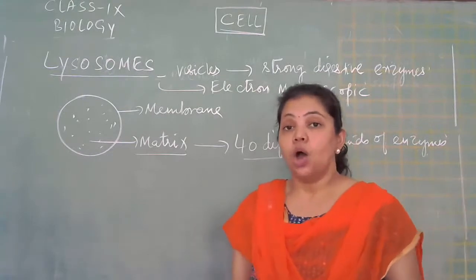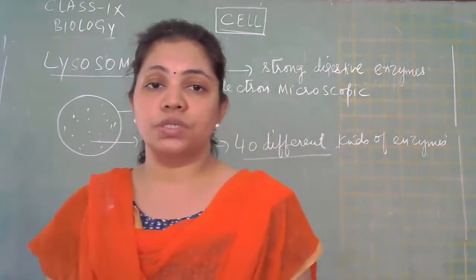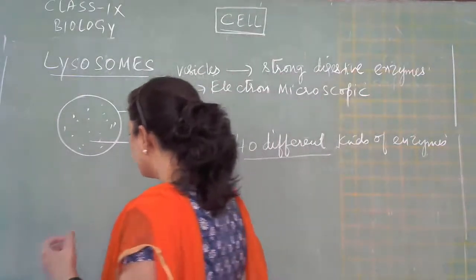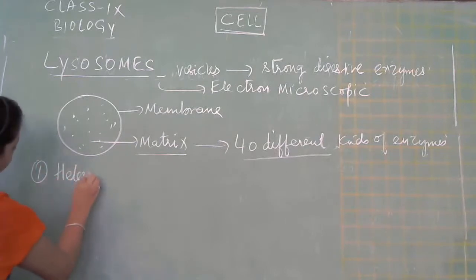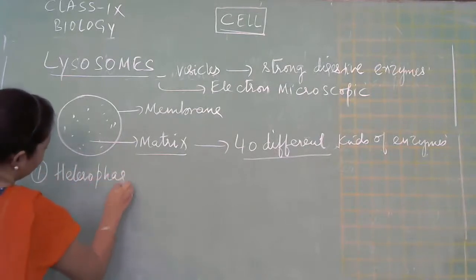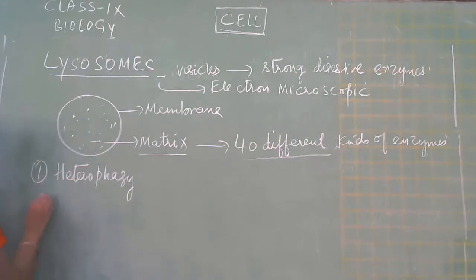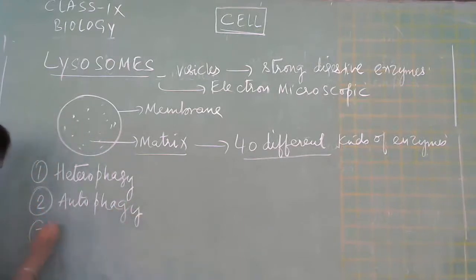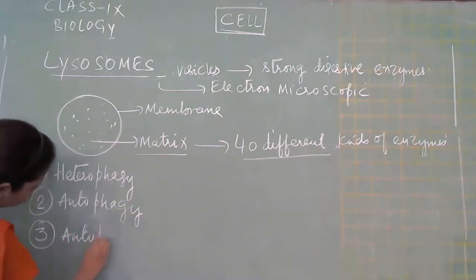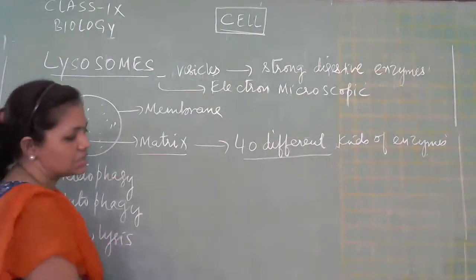Right? Now the functions of lysosomes are very important, and to remember the functions easily, just remember the terms. The first one is called heterophagy, the second is called autophagy, and the third one is called autolysis.